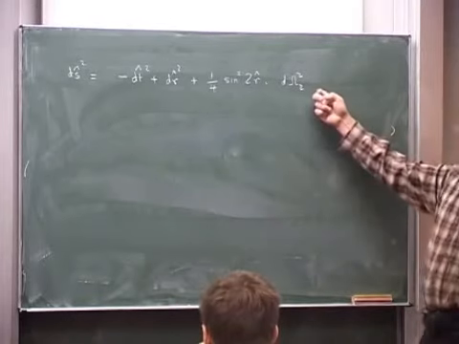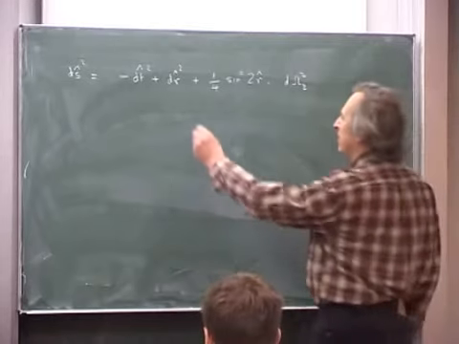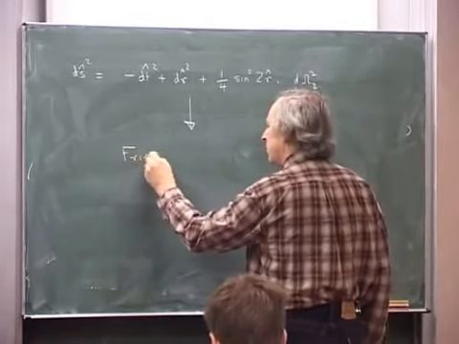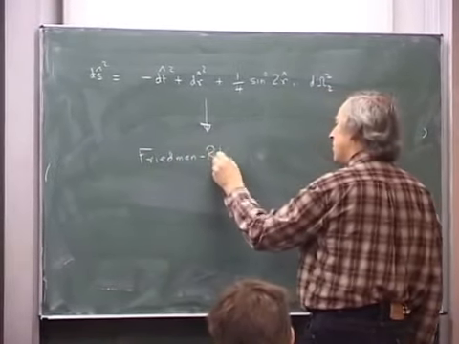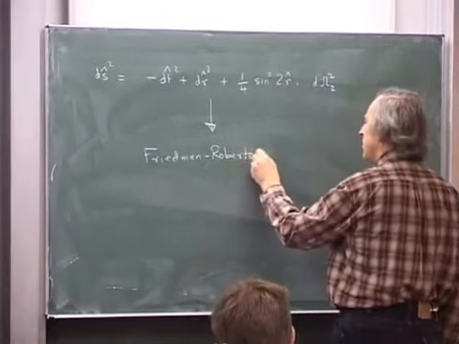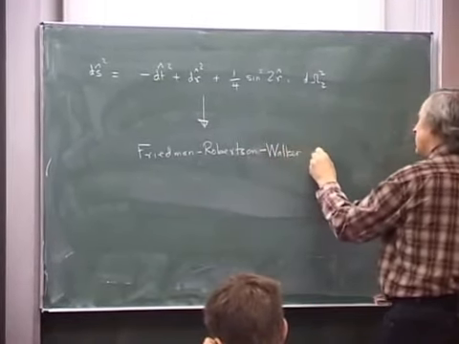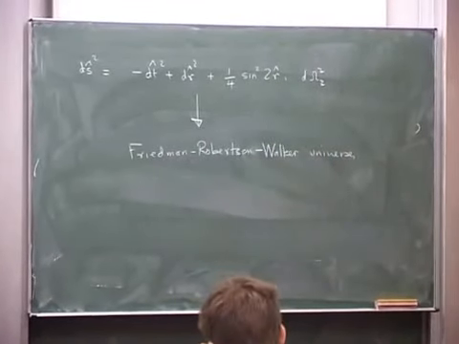If you stare at this metric, and you've done some cosmology, you will recognize this as a Friedmann-Robertson-Walker universe with k equals 1.